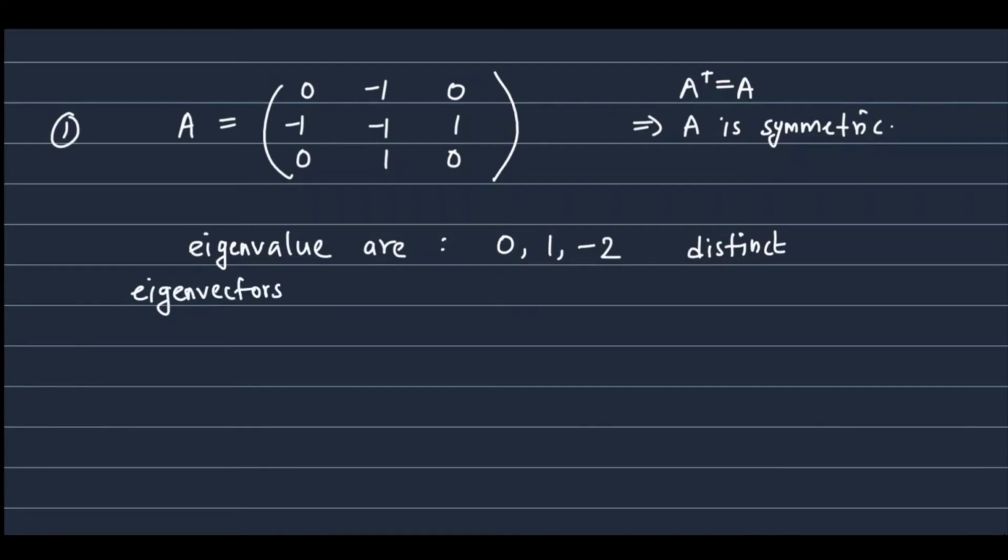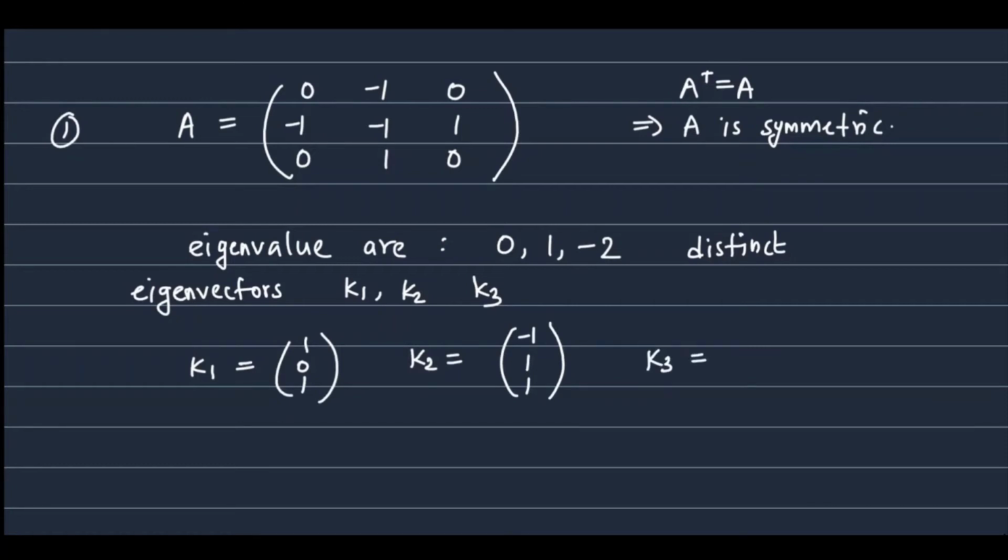The eigenvectors are k1, k2, k3, where k1 is equal to 1, 0, 1, k2 is equal to minus 1, 1, 1, and k3 is equal to 1, 2, minus 1. So these are the eigenvectors.